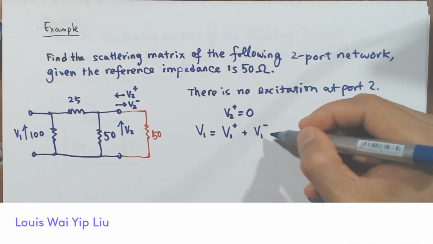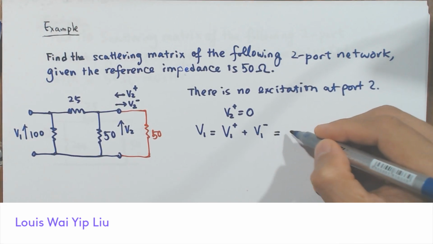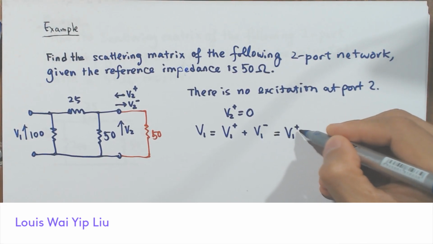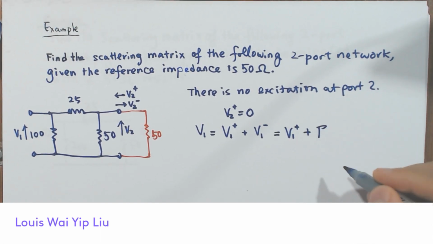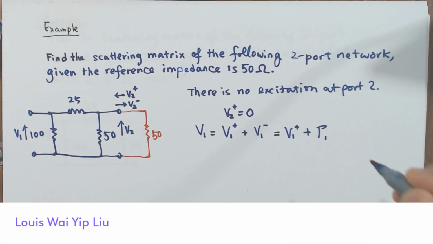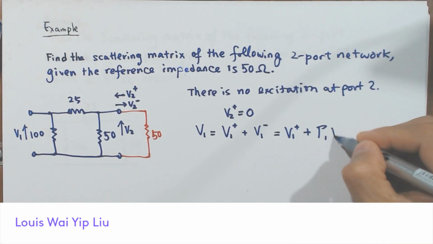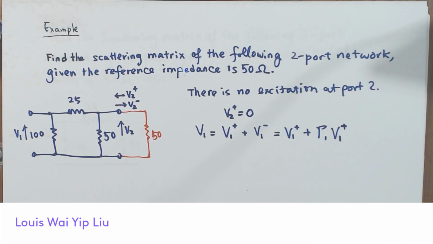And we know that under this situation, V1 minus is V1 plus times the reflection coefficient, because of the formula.